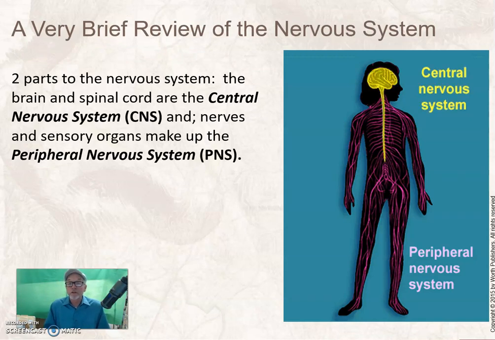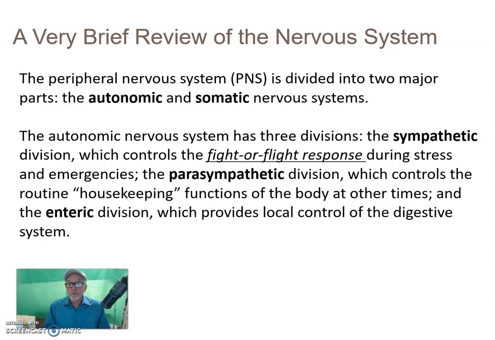So also from your Psych 1 readings, the nervous system is divided into two sections: the brain and spinal cord, or the central nervous system, and the sensory organs that make up the peripheral nervous system. The peripheral nervous system is divided into two major parts, the autonomic and the somatic nervous systems.